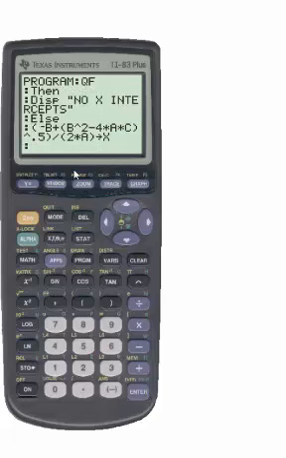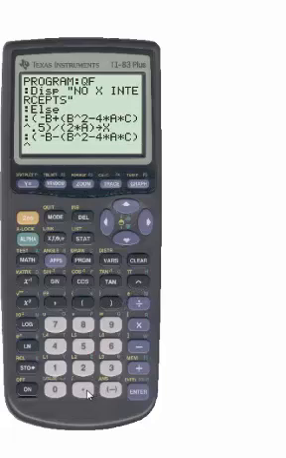Enter, and then we're going to do the same thing. So negative b minus b squared minus 4 times a times c raised to the 1/2 power.